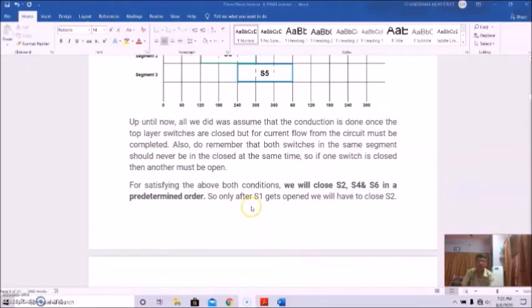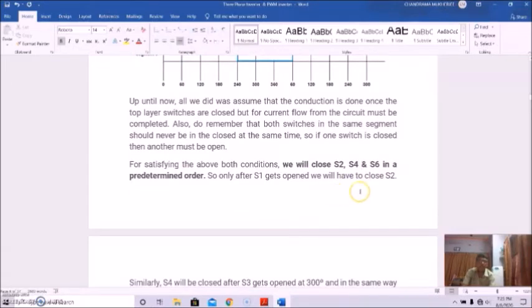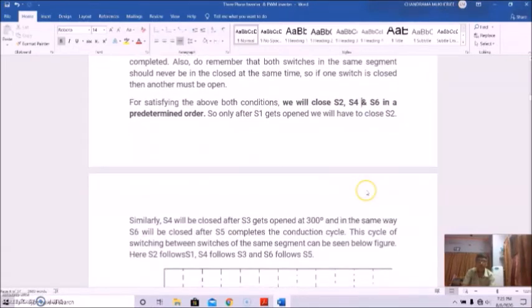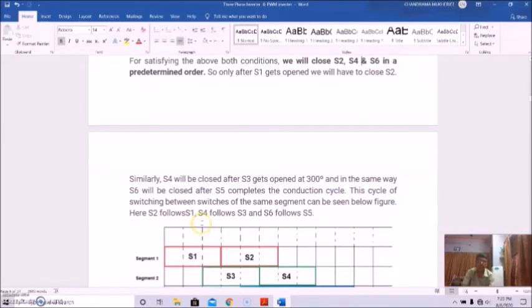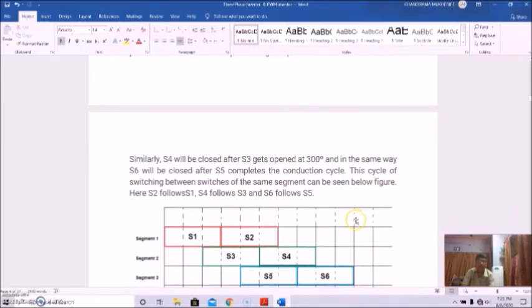To satisfy both conditions, we will close S2, S4, and S6 in a predetermined order. Only after S1 gets open, we will close S2. Similarly, S4 will be closed after S3 gets opened at 300 degree, and in the same way, S6 will be closed after S5 completes the conduction cycle.